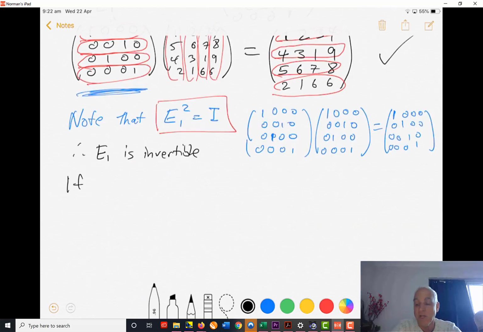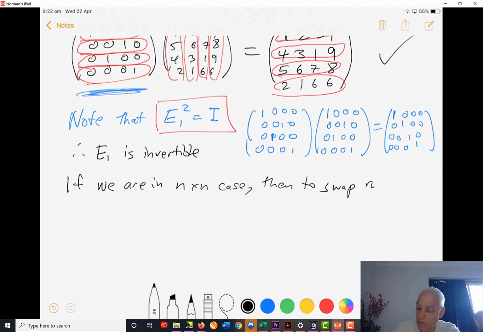Okay, so there's an obvious generalization to this. If we are in the n by n case, then to swap rows I and J, we have to use a matrix, maybe E1, which has the following form.